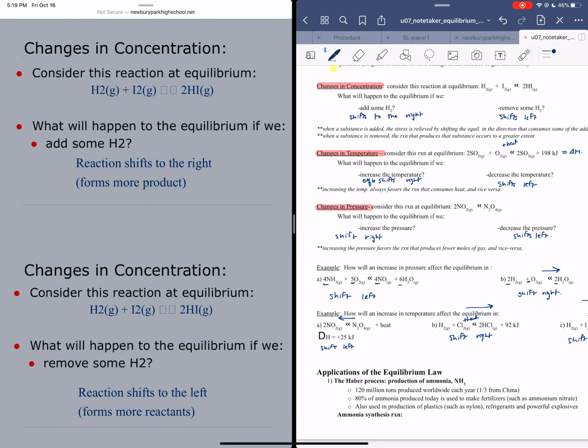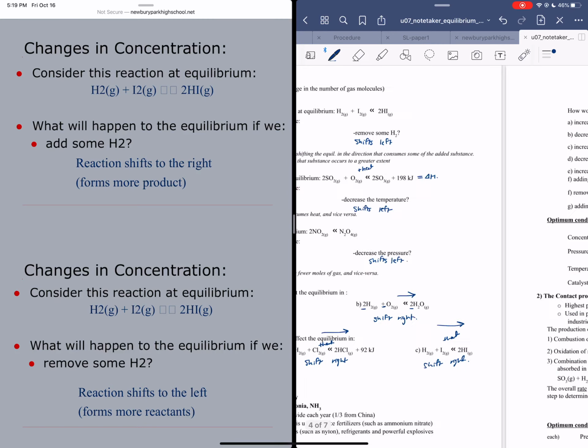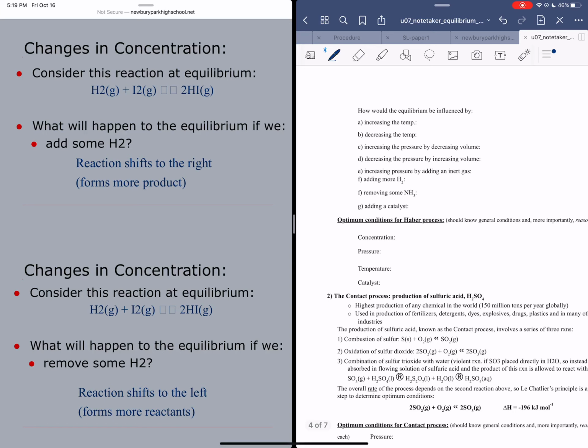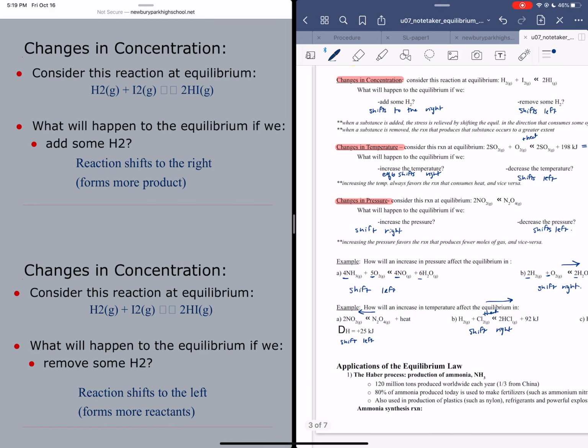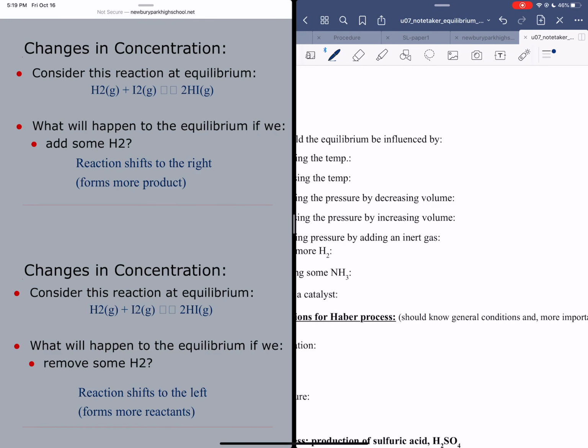Okay, so the Haber process is essentially an equilibrium between, let me write it out, H2 plus N2 to produce something called ammonia. And ammonia is important because fertilizers need ammonia to nourish plants.